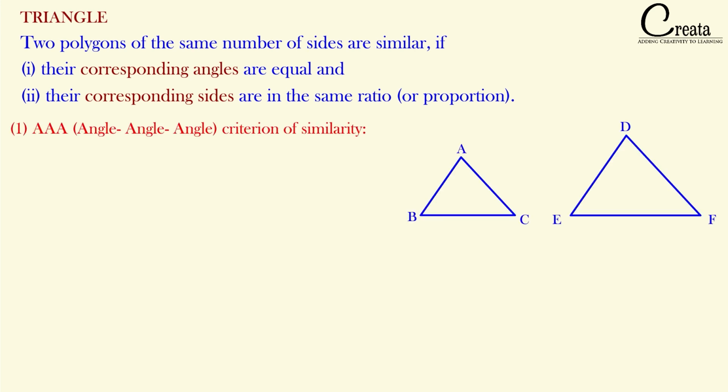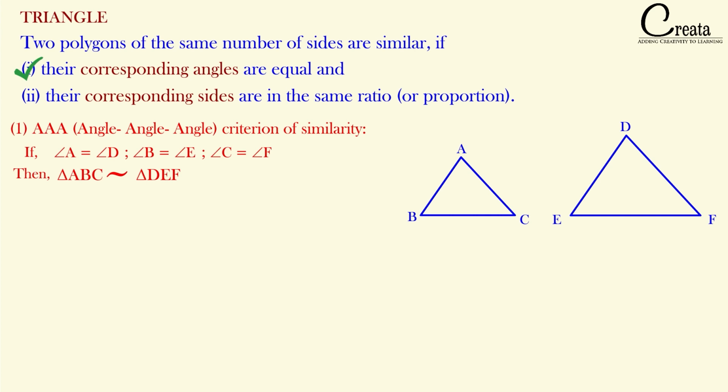Let's see. The first criterion is angle, angle, angle, that is the AAA criteria. As per the AAA criteria, if only the corresponding angles of two triangles are matching with each other, then the two triangles are similar to each other. We do not have to go for the second condition, that is the corresponding sides.